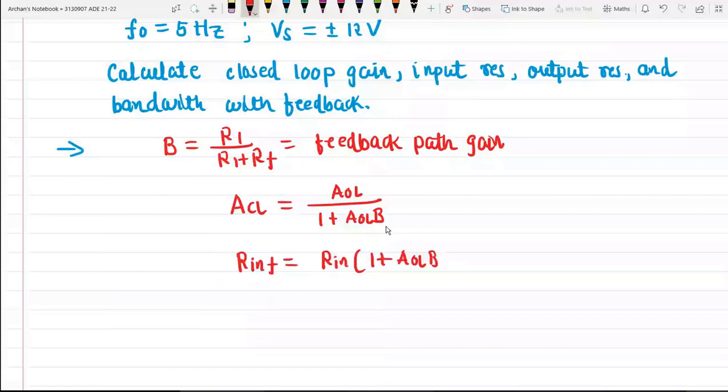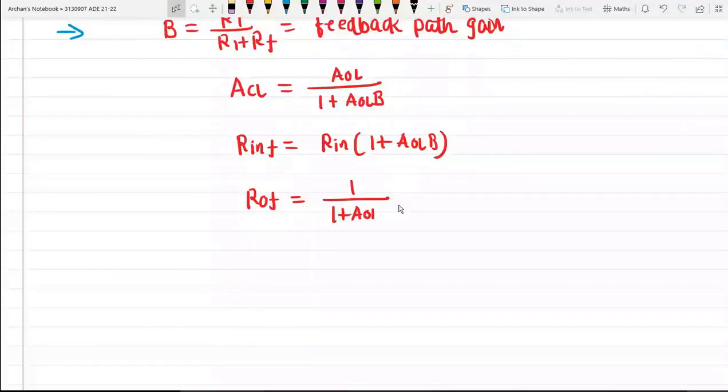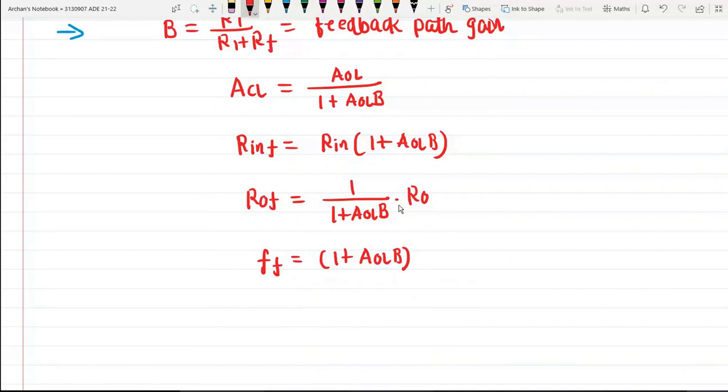The output resistance with feedback is 1 over 1 plus AOLB times the output resistance without feedback, that is R0. And the bandwidth with feedback is also 1 plus AOLB times the single break frequency or bandwidth without feedback. On application of these derived expressions, we will be able to find all the parameters required for this typical example.